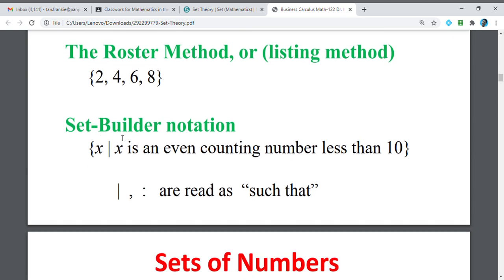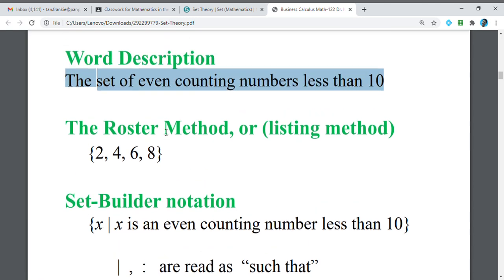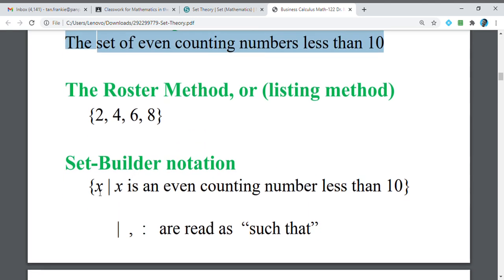Then we have here another way of representing a set. We have the set builder notation. Okay, so it is using your bracket. So here we have set A, for example, is a set of all x wherein x is an even counting number less than 10.